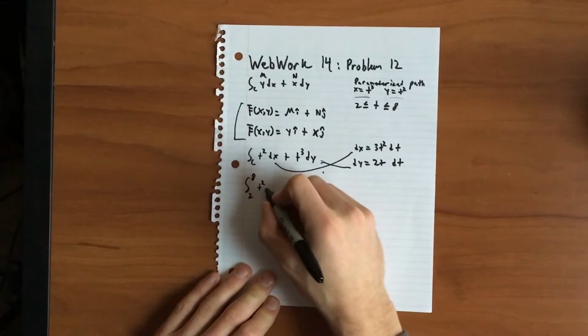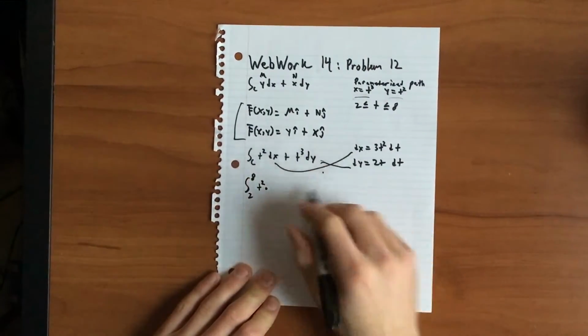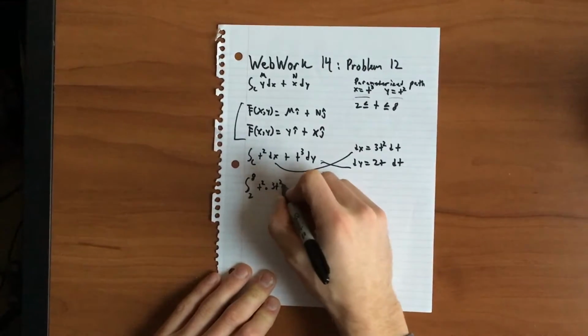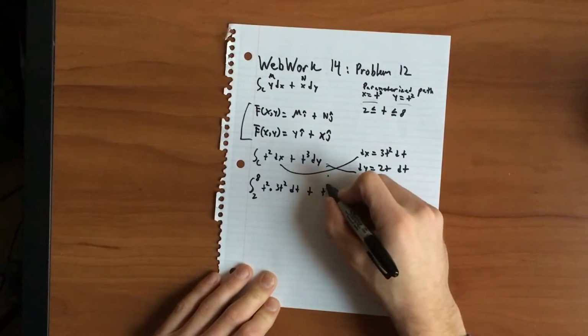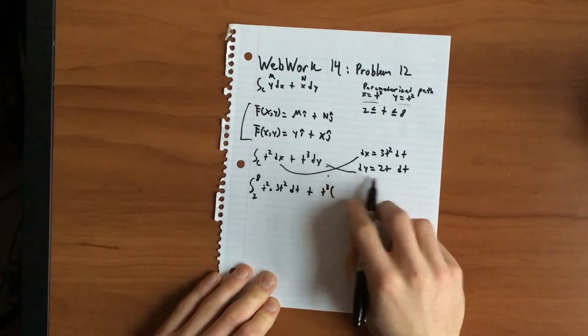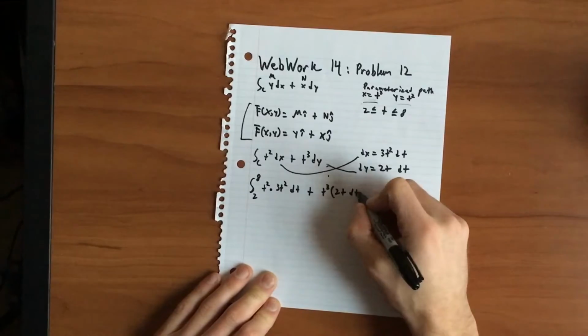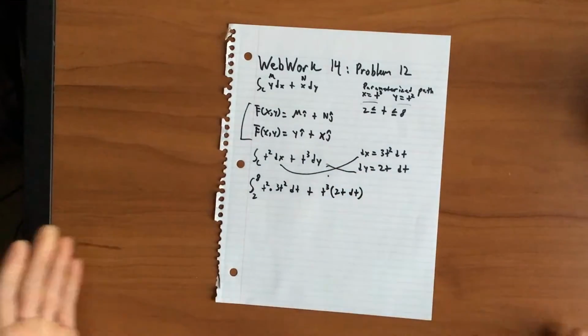That'll give us t squared times dx, which is 3t squared dt, plus t cubed times dy, which is 2t dt. And this is our line integral that we have to evaluate.